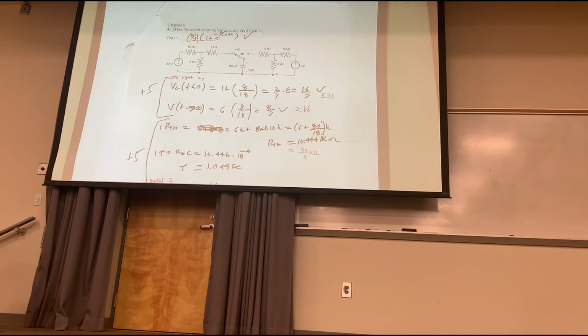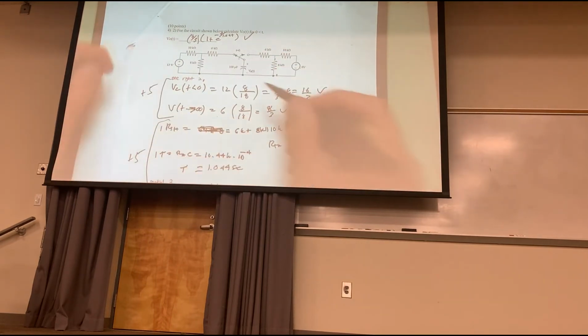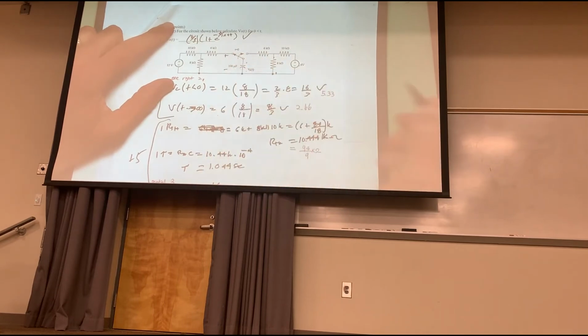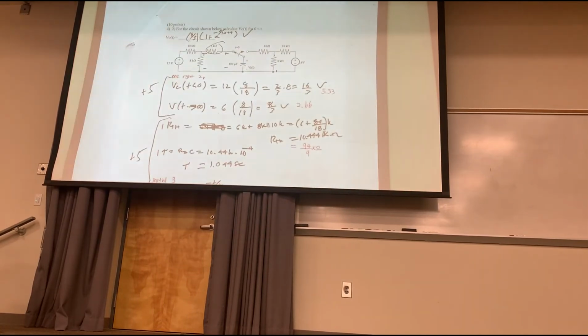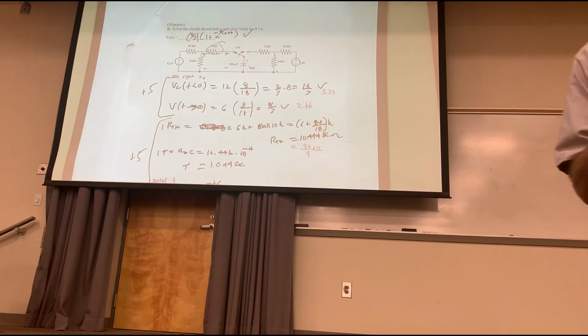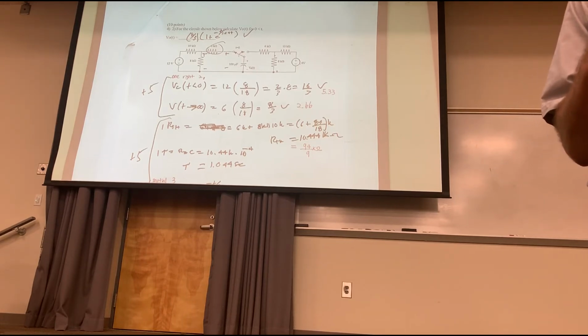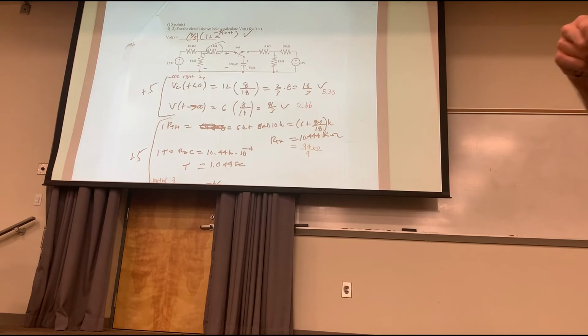If no current can flow through the capacitor, now listen to me carefully on this one, this voltage for t less than 0 is the same as this voltage, because that 6K does not have any current through it for t less than 0. If the capacitor looks like an open circuit for t less than 0, no current can flow through the capacitor, and therefore no current can flow through that 6K.